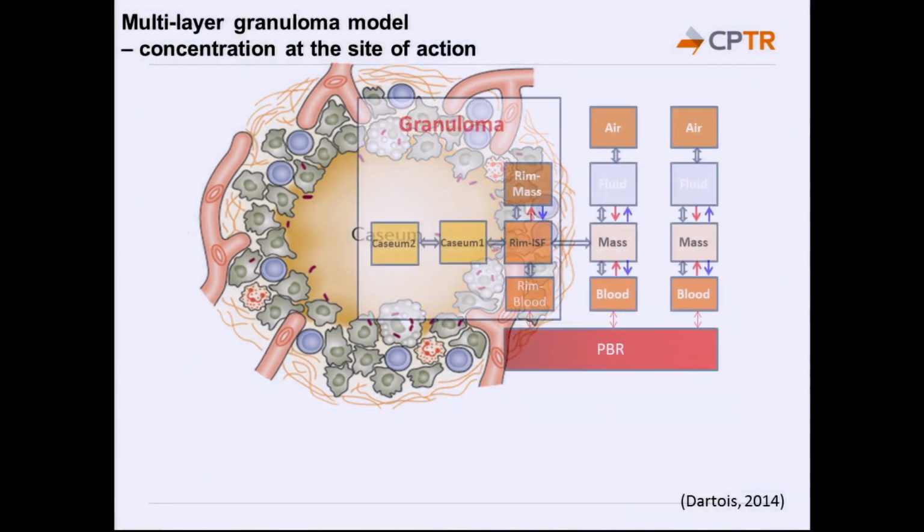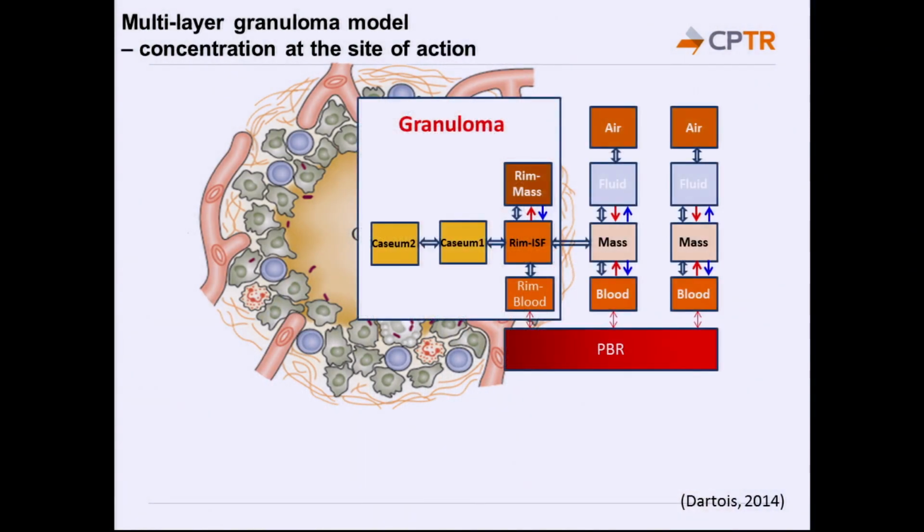The last part of the TB model that we've been working on is a granuloma model to try and get closer to the concentration at the site of action. So what we've done is develop a multi-compartment granuloma model that's shown on the left-hand side.